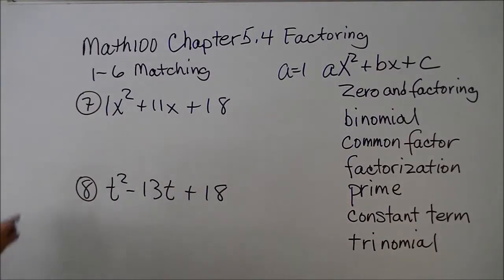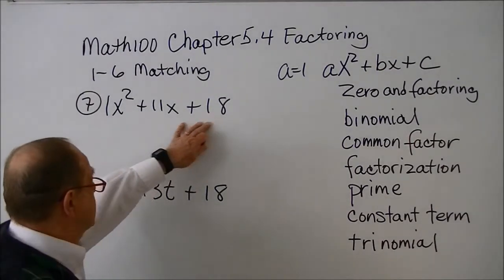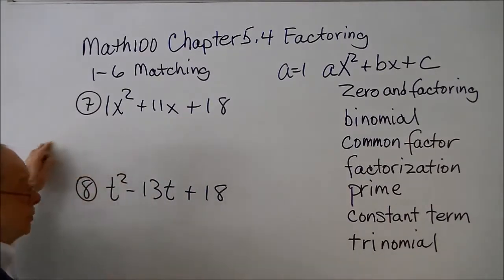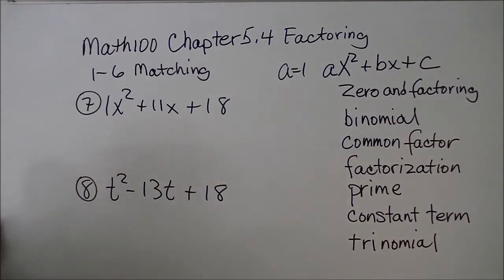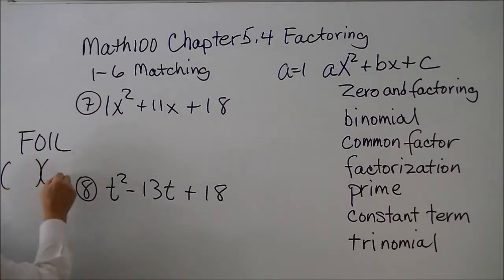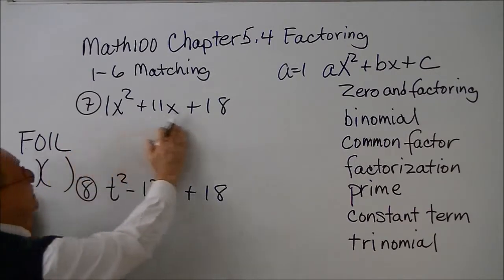Now you might say, well, how did we get to this trinomial? And if you recall in previous sections, we FOILed, and that gave us, in a sense, we had two binomials that we FOILed that gave us this trinomial.